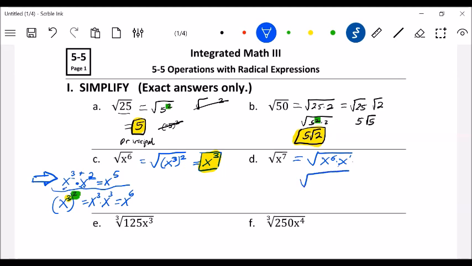That allows me then to take the x to the 6th and rewrite that. So it's x to the 3rd squared times x. Now this x here is only to the 1st power, so I have to leave that there. But this one here is to the 2nd power, and the radical is a square root.